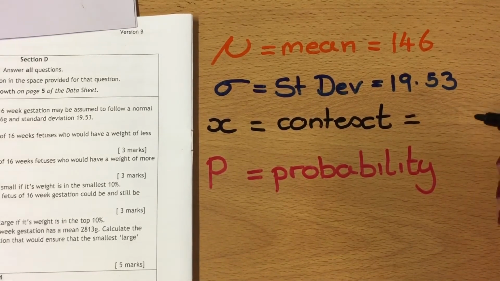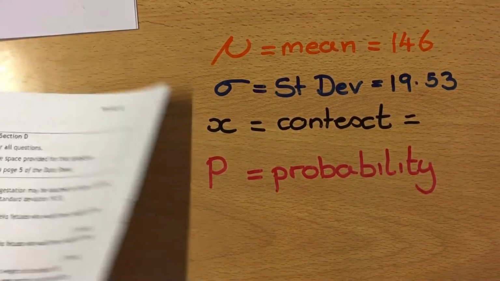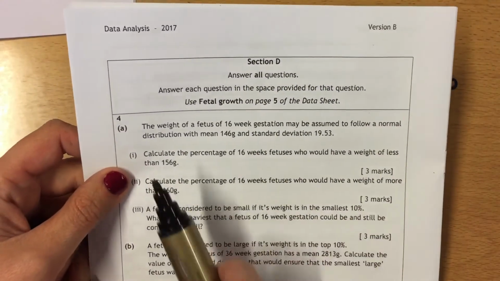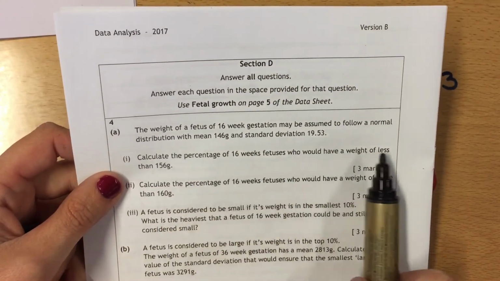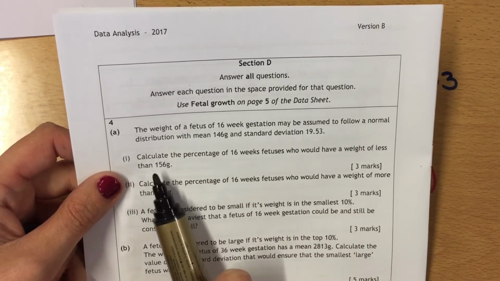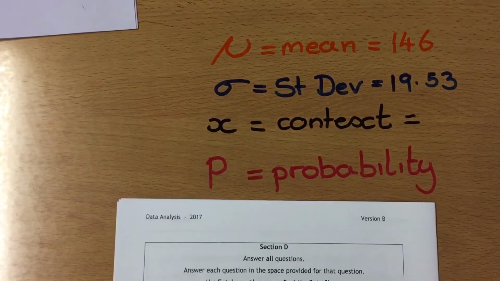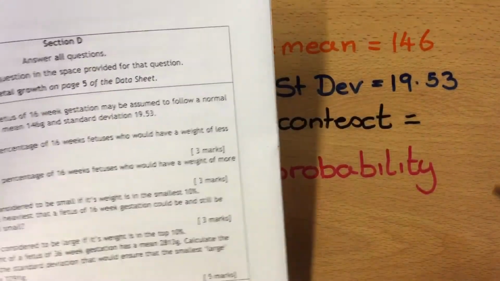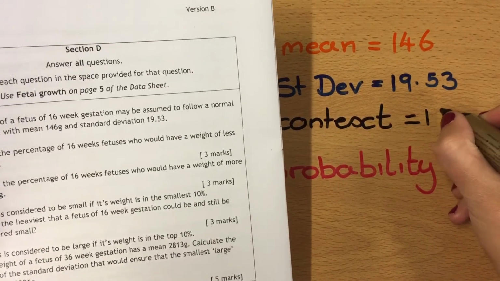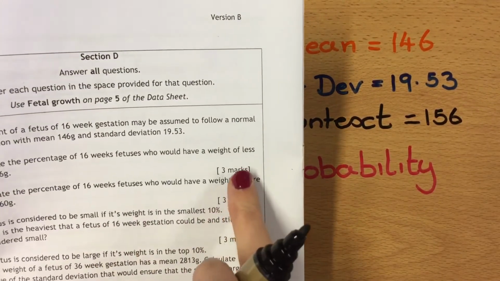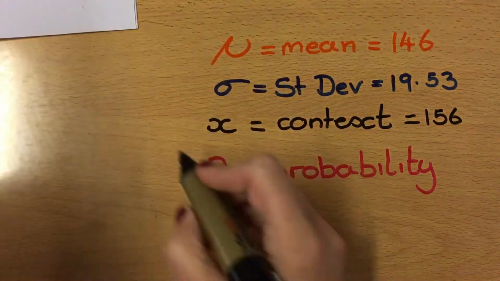So for this one, the number in context, we are doing weight less than 156. So in context, we are doing 156 and it is less than.